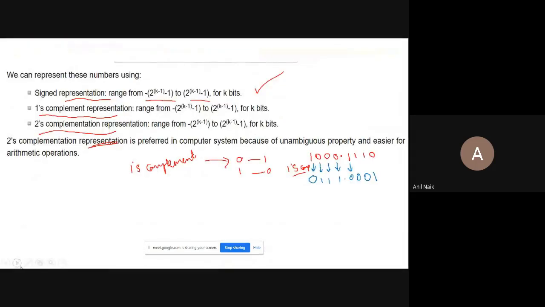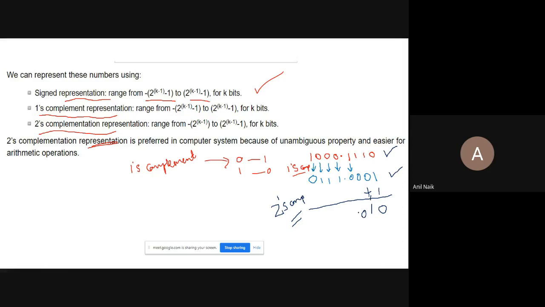Then the two's complement. So what is the two's complement? Two's complement is that you have to add 1 to the result of one's complement. Yes or no? We need to add 1 to the result of one's complement. This is our original number. This is the one's complement, and after adding 1, we will get the two's complement. 1 plus 1 is 0, carry 1.